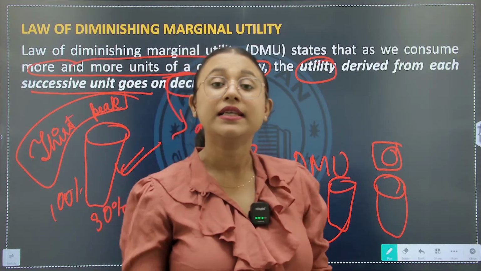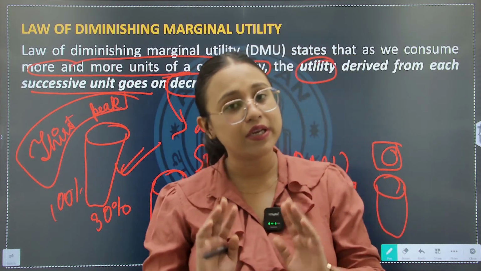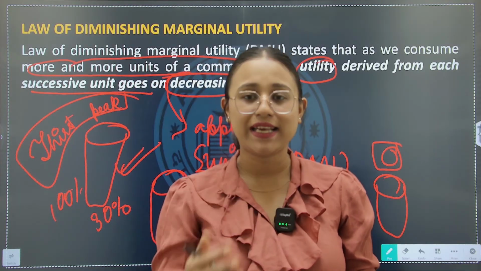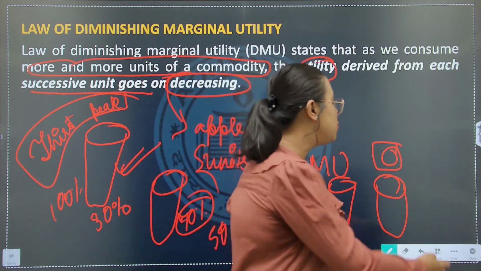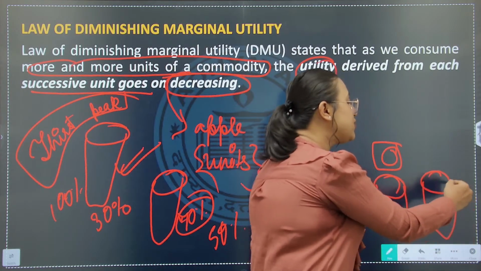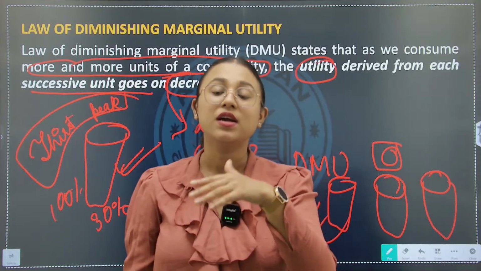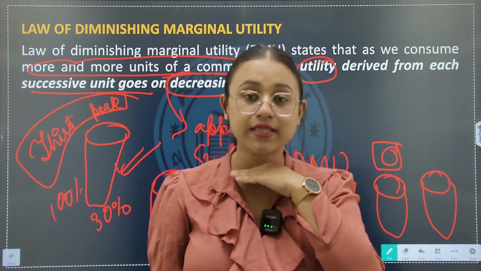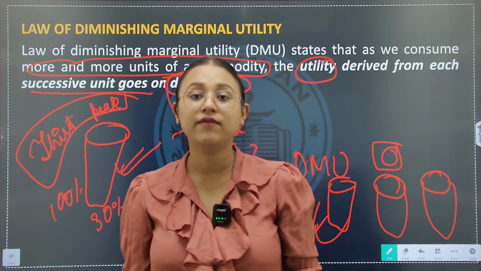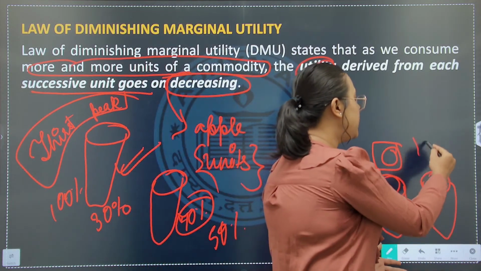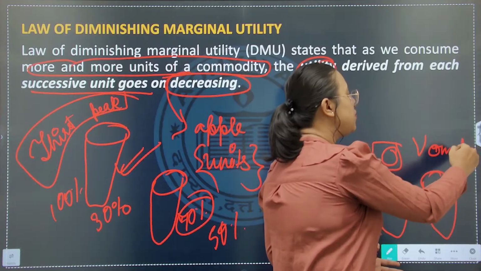After that you will drink the water but get no satisfaction; the stomach is full. But if someone forces you to drink a fifth glass of water, since your water level was already full, what will you do? You will vomit.